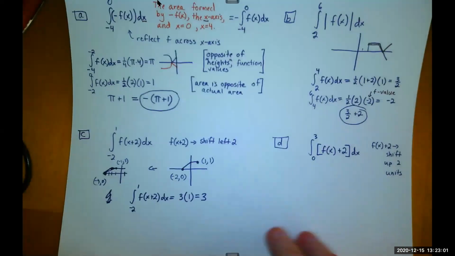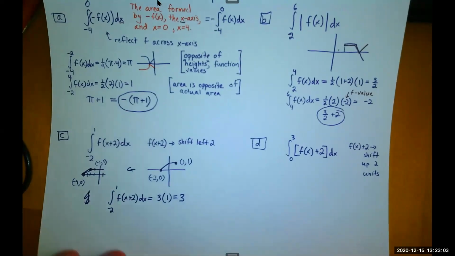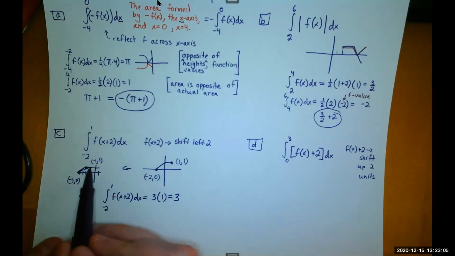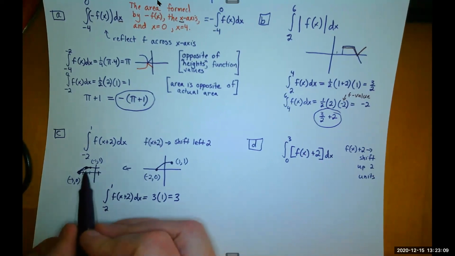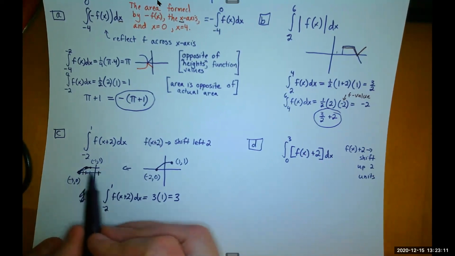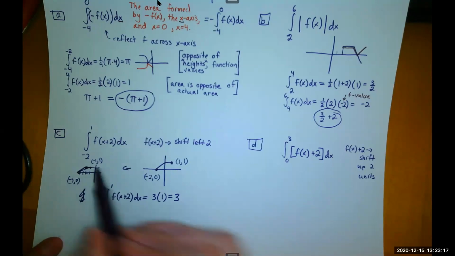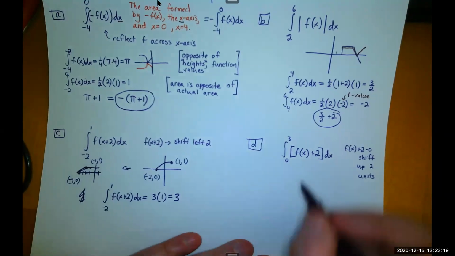Which I just realized you can't see, sorry. So rectangle here, we're going from -2 to +1. That's this rectangle. Base is 3, we go from -2 to 1, height is 1 because we go up to 1.